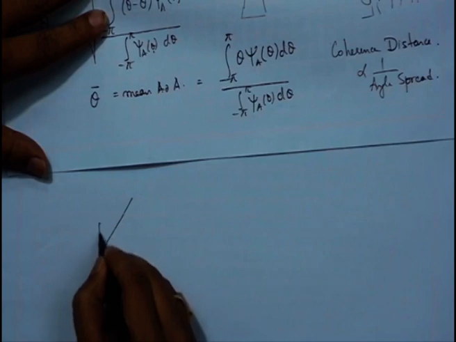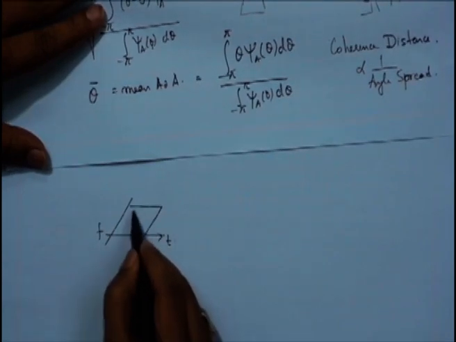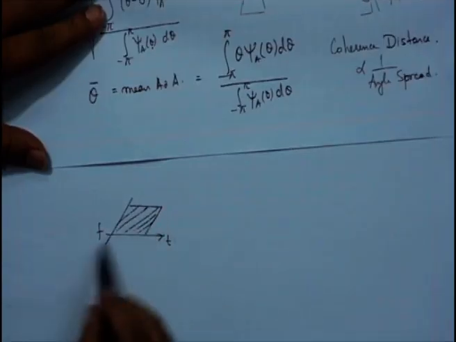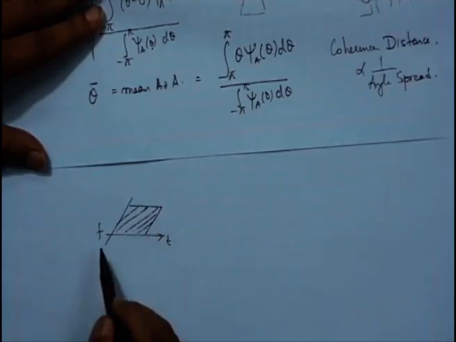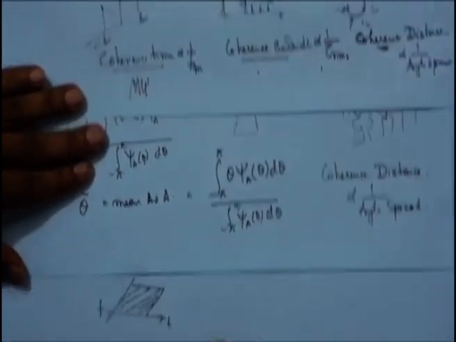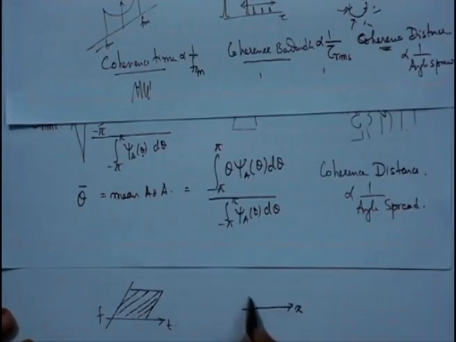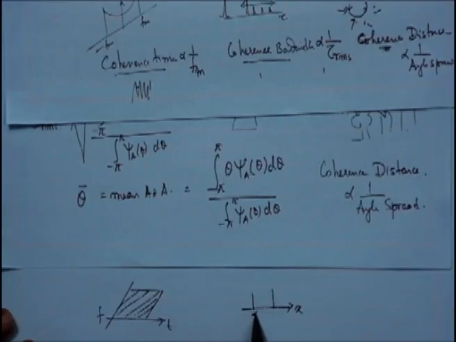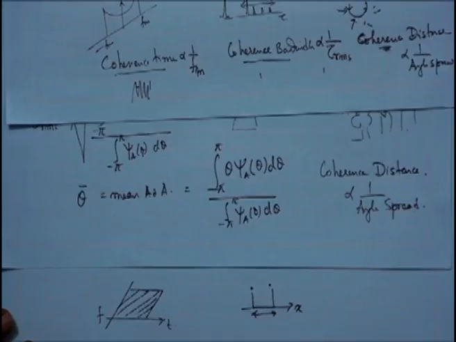If we draw a signal time frequency grid, let this be the frequency axis, let this be the time axis. If this is the time frequency space a signal occupies and the channel is nearly flat over this space, equalization would be easy. Whereas when we talk about the spatial dimension, we have the x axis, let's say. We are finding out over what distance the signals would be uncorrelated, which is defined as the coherence distance.